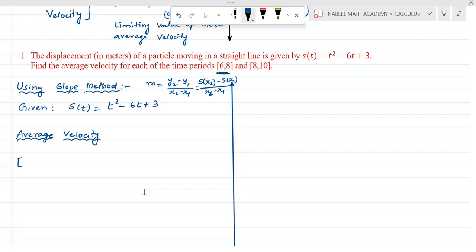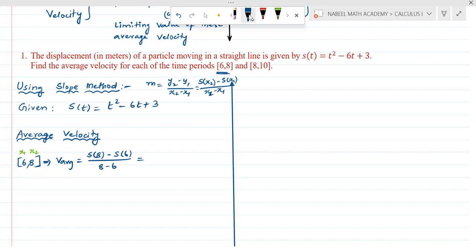I will take the first interval, 6, 8. These values are x1 and x2, the x positions. Now what is the average velocity here? Average velocity is given by s of 8 minus s of 6 over 8 minus 6.